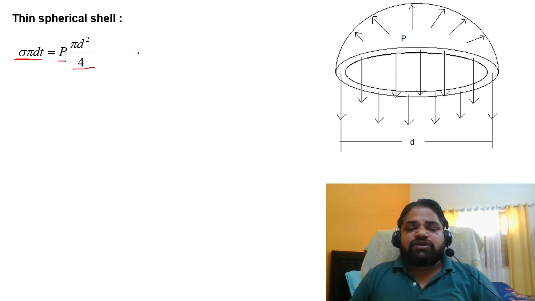The bursting force into area pi d into t I got, as in the earlier longitudinal case, we got pi dt. Here also it is the same thing. If I calculate a little bit more, I'll get pd by 4t.